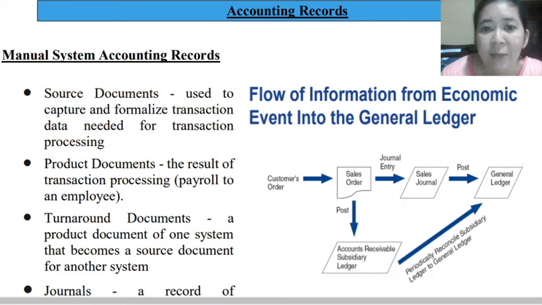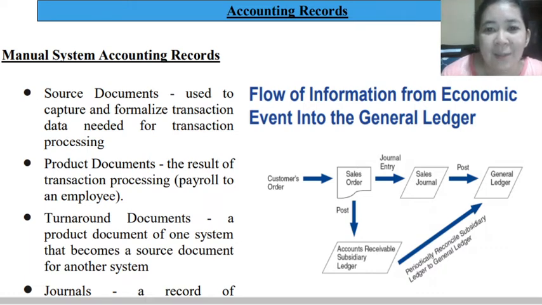Okay, and then aside from entering this sales transaction into our journal, we will also use the sales order, which is a source document, to post it in our accounts receivable subsidiary ledger in case we extended credit to our customer.